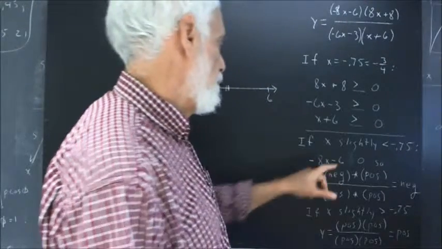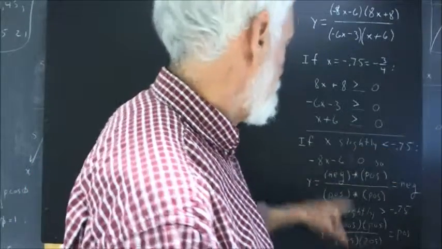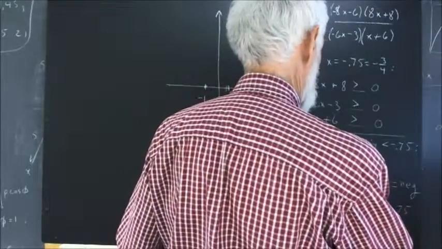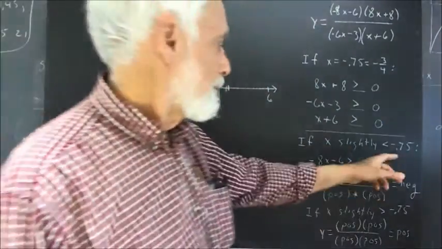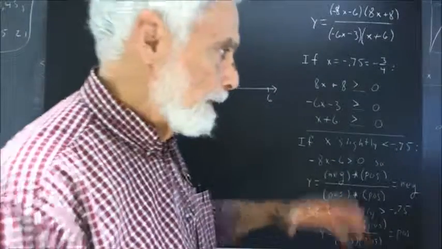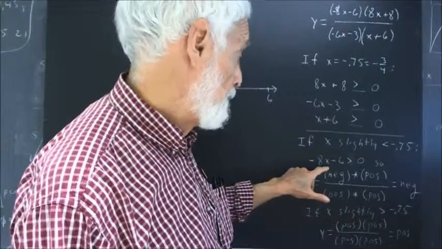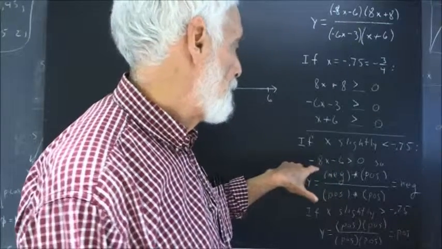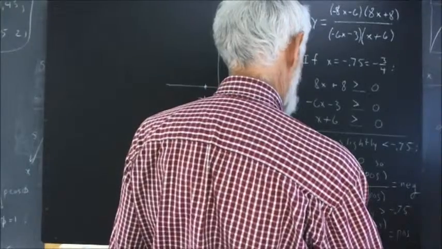If x is slightly less than negative 0.75, it turns out that negative 8x is going to be greater than 0. X is a negative number. The bigger that negative number gets, that is, the more negative it gets, the bigger the positive you get here. So this thing is going to be positive and bigger in magnitude than the negative 6, and it's going to make this positive. So I'm going to have to change this to positive.